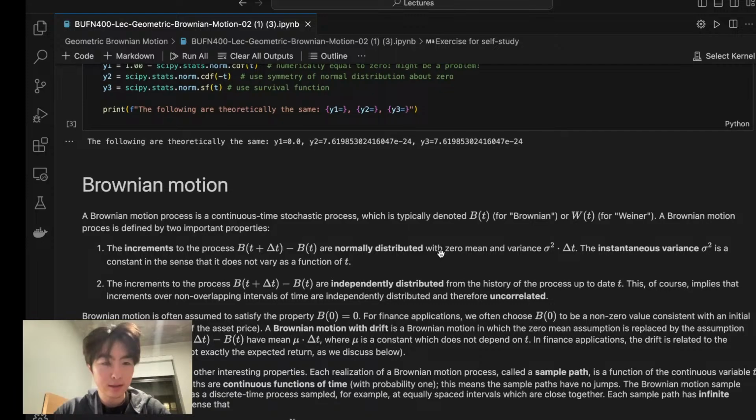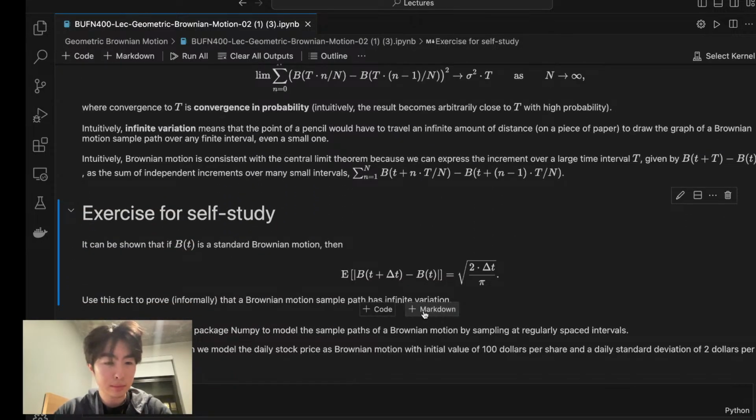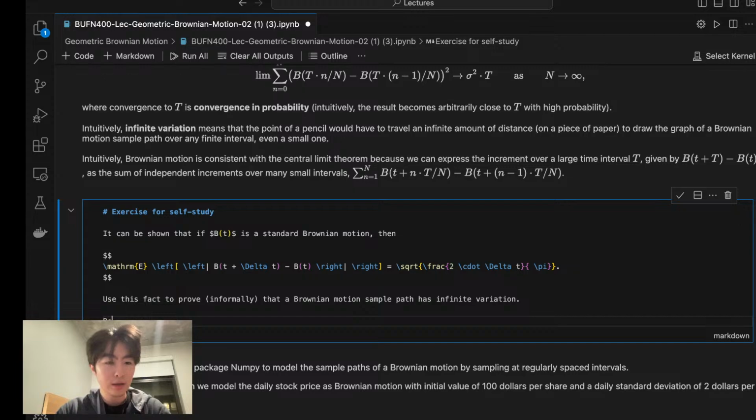My guess is that the expectation depends on B of t plus delta t.